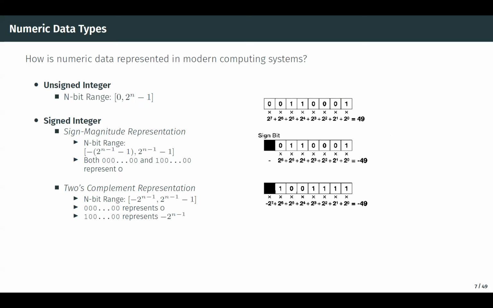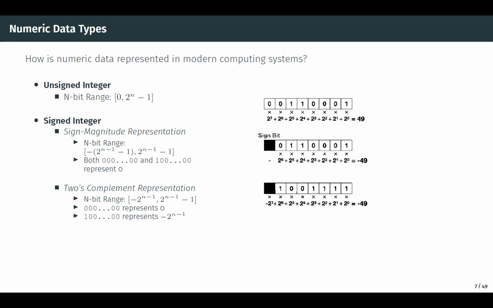Again, this is part of understanding number representations. There are several number computing systems, but I just highlighted this one as an example.